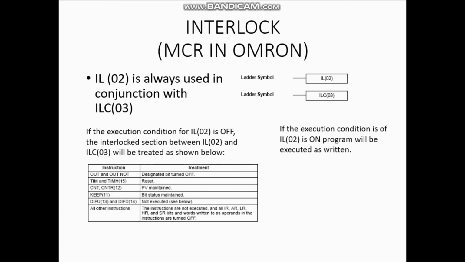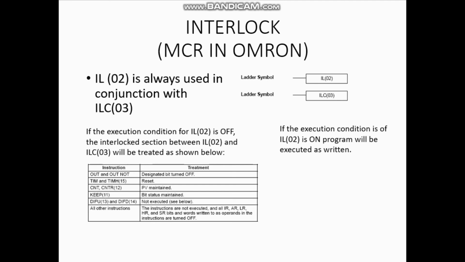Okay, timer will be reset. For counter, the present value is maintained. So if you're counting down, for example, from 10 to 9, 10, 9, 8, and so on, and you have executed the interlock in between, for example at 5 and 4, whatever it stopped at before the interlock execution, the present value will stay there.